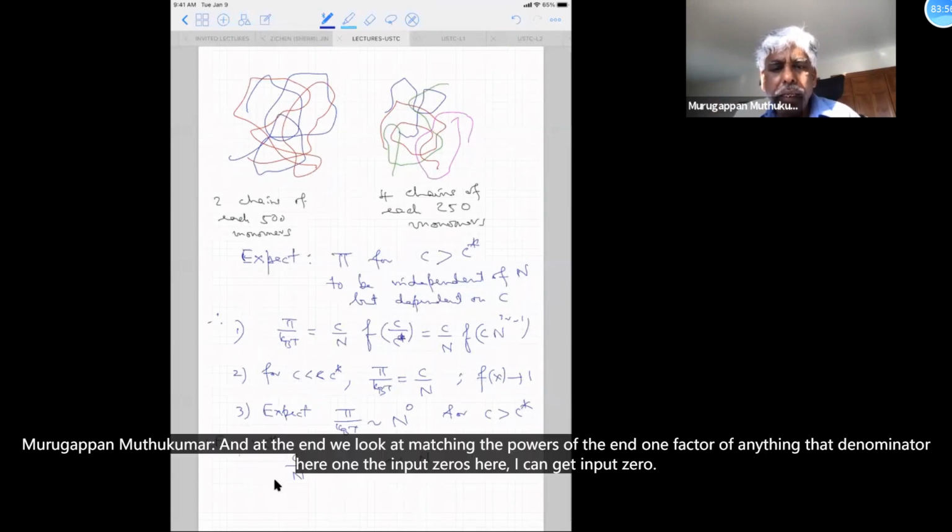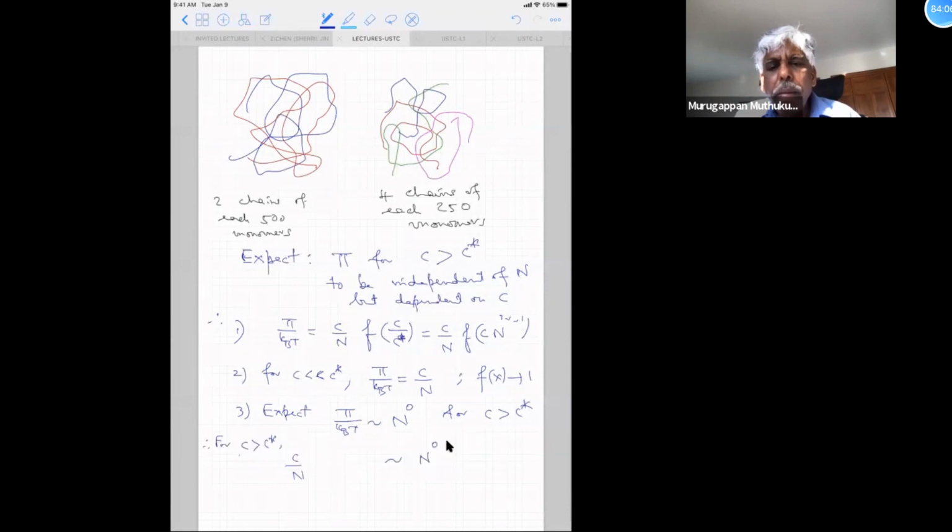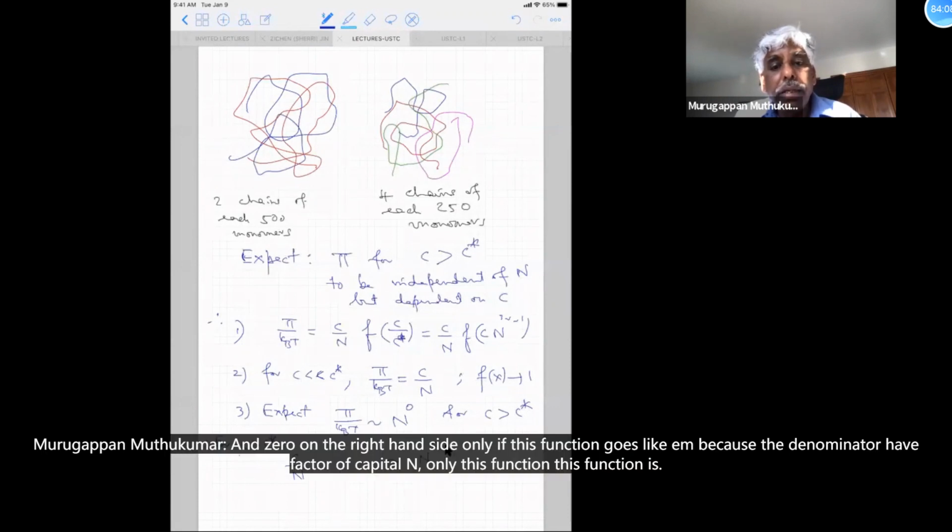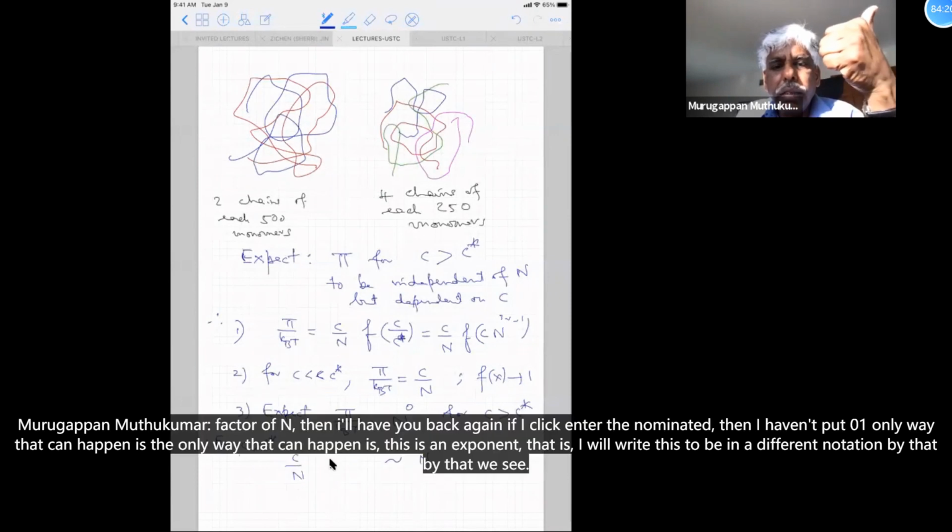And the N, if I look at matching the powers of N, one factor of N is in the denominator here, the N power 0 is here. I can get N power 0 on the right-hand side only if this function goes like N, because in the denominator I have a factor of capital N. Only if this function is a factor of N, then I'll have N power 0.